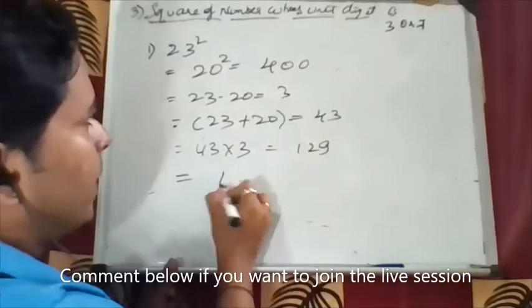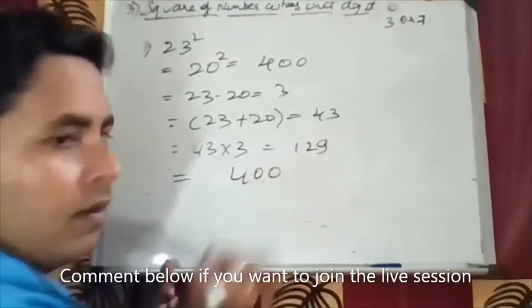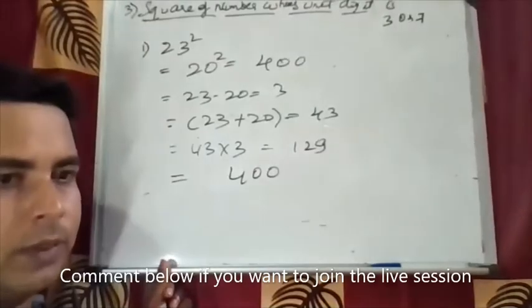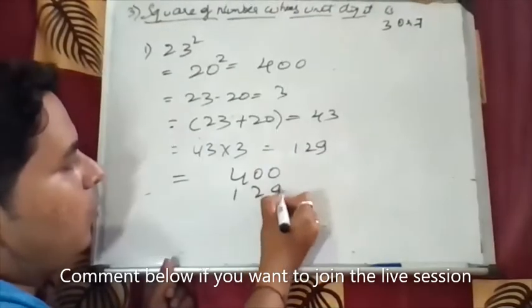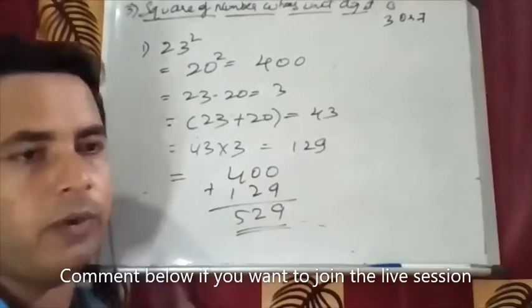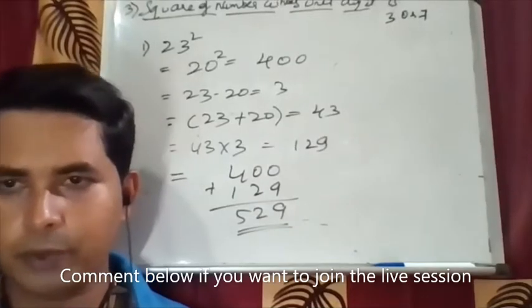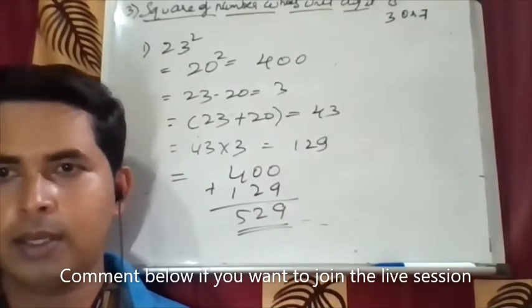So your answer will be 400 plus 129, which is 529. That is your answer.